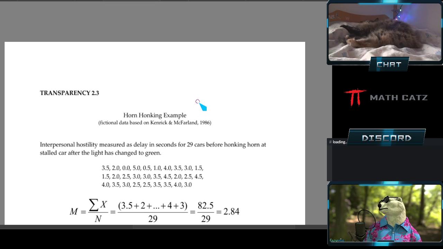We measured how long it takes for people to get on the horn when the light turns green and no one in front of them is moving. So we got these 29 scores. We calculate the mean as 2.84. So the average time that people took is 2.84.